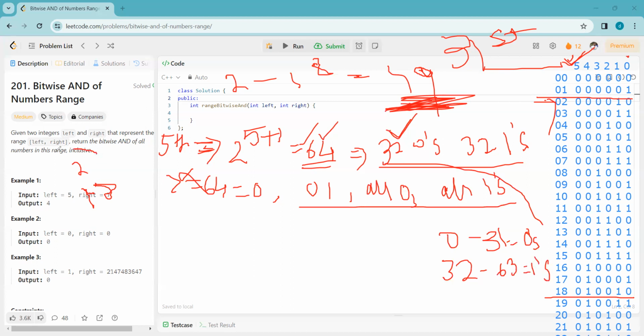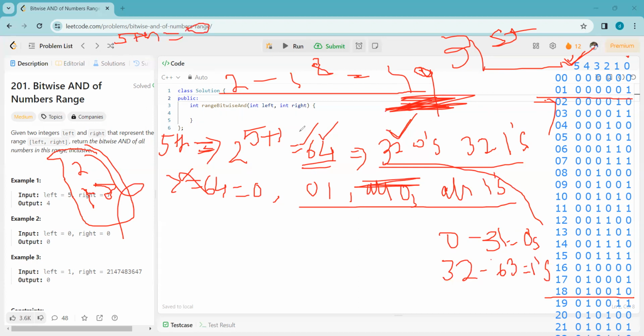Since 2 is less than 31 and 18 is also less than 31, this range contains all zeros. All zeros means in the resultant of the bitwise AND of this range, in the fifth bit position, we will get 0.